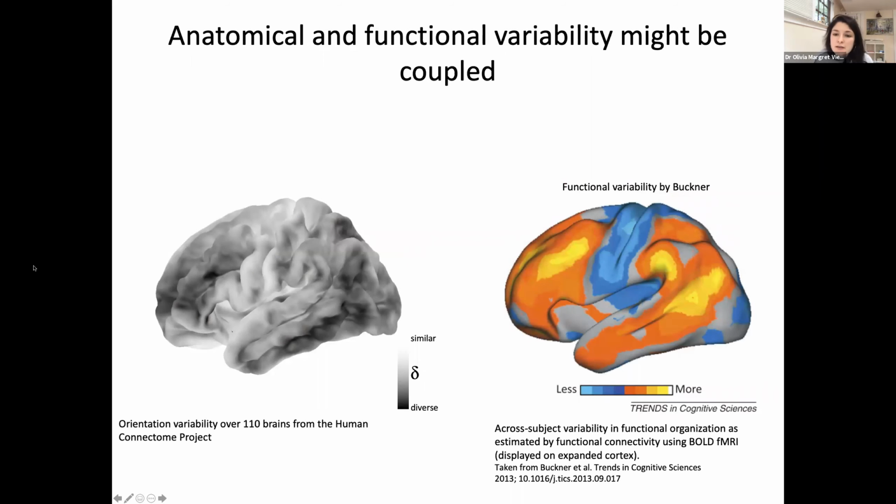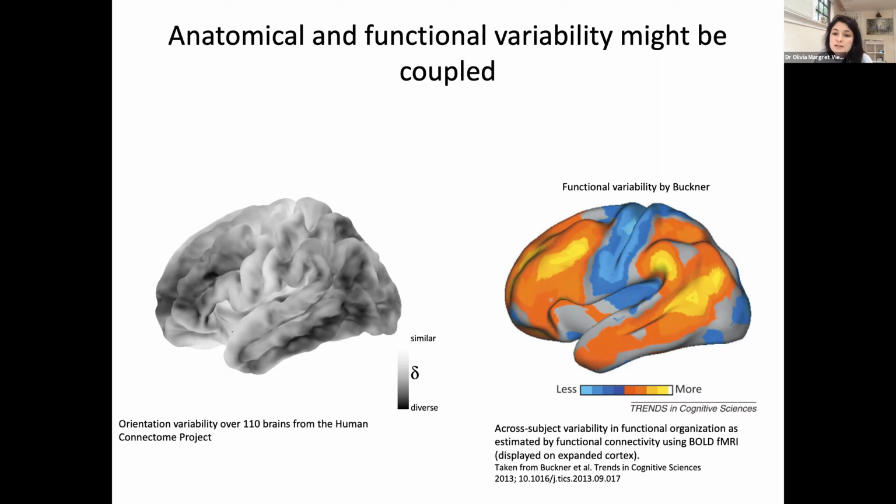And we also note that the areas that have a higher orientation variability, which ultimately is a derivative of the geometric anatomical variability, are similar to the patterns of functional variability that are observed on the group level. So here, to the left, you have the variability atlas, and to the right is a map of functional connectivity variability.